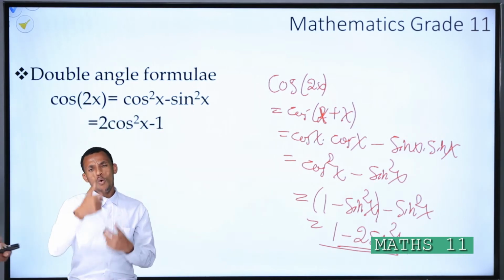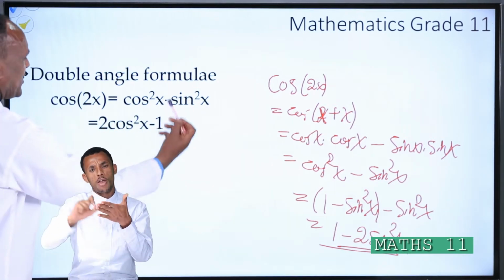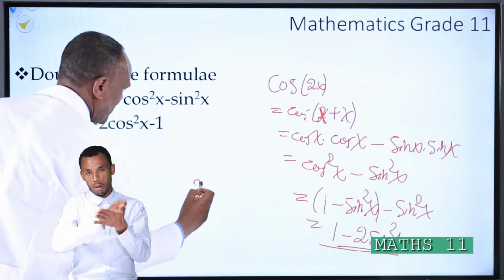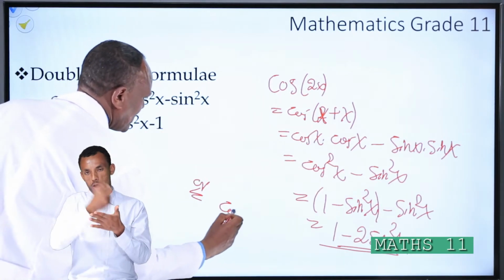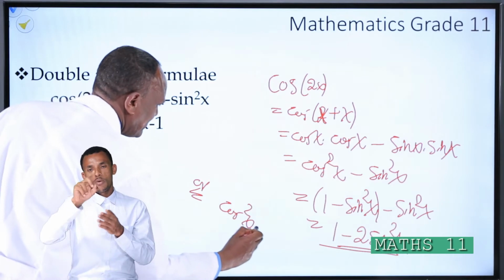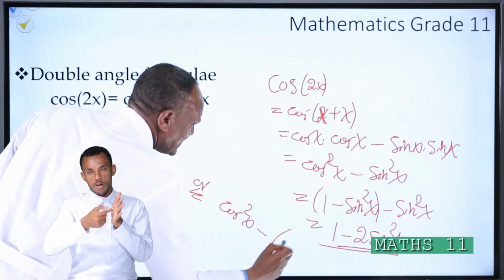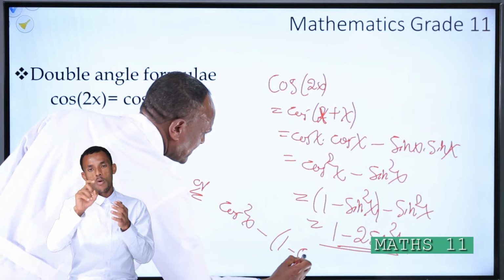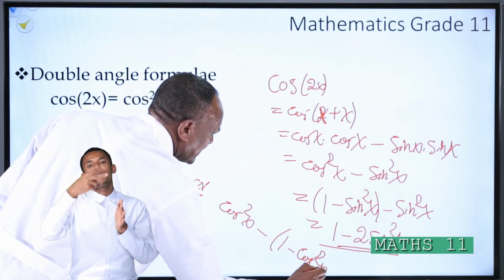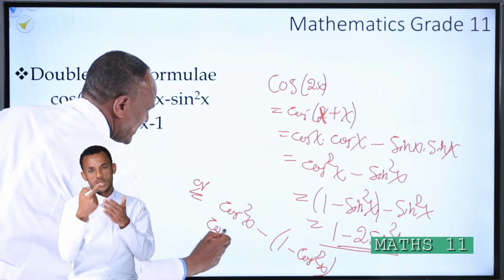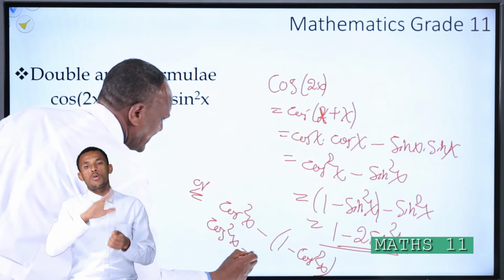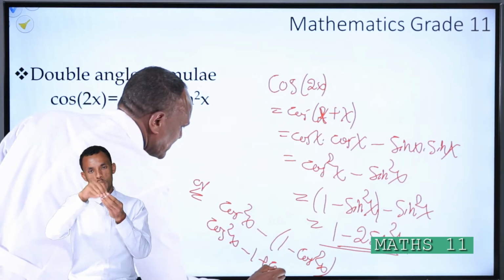Or else, you can also write sine square of x in the other form. This could be written also: cos square of x minus sine square of x means cos square of x minus, 1 minus cos square of x. When you are applying the distributive property, you will have cos square of x minus 1 plus cos square of x.